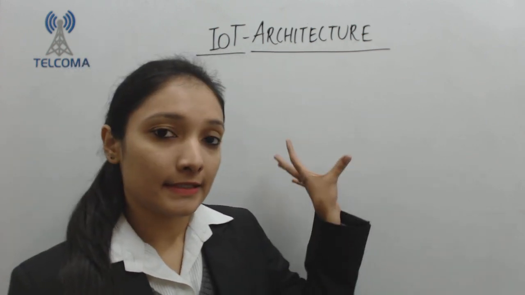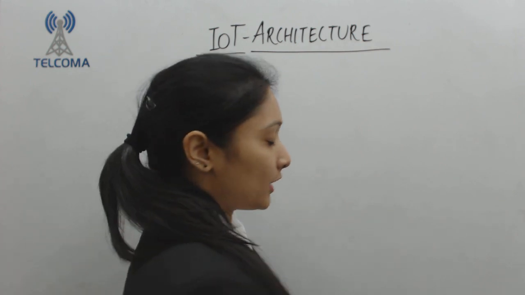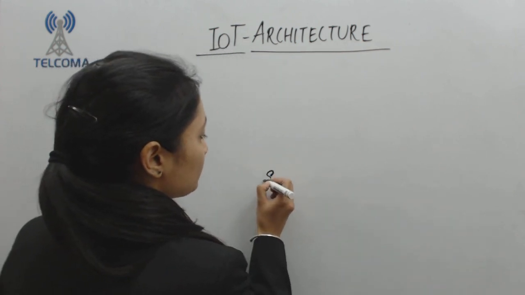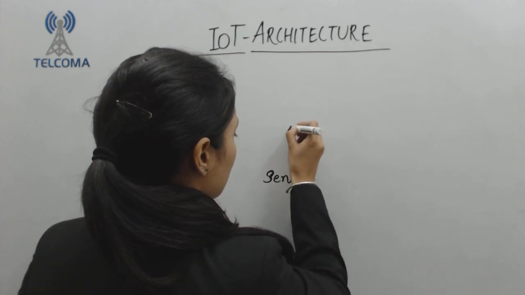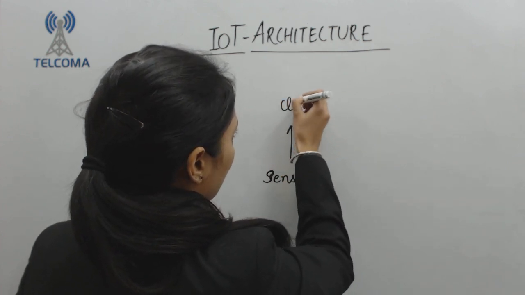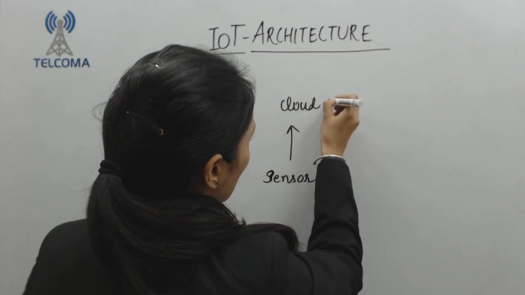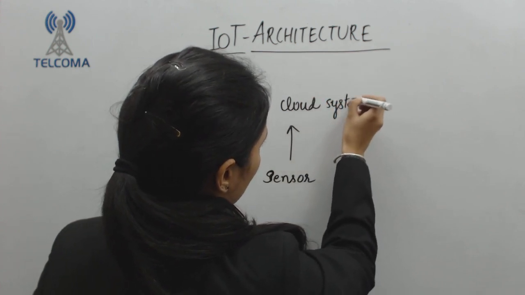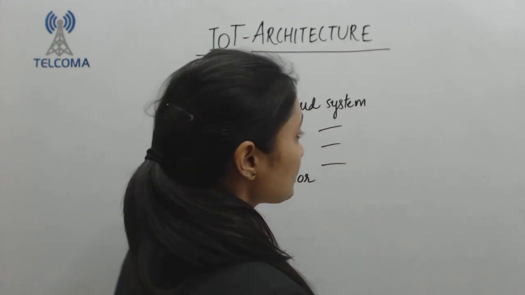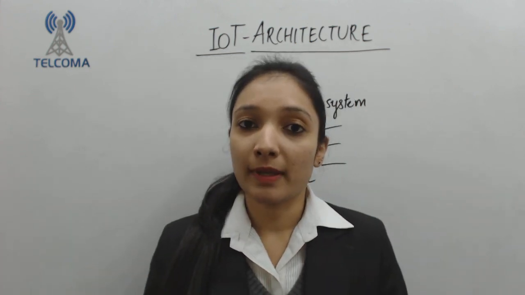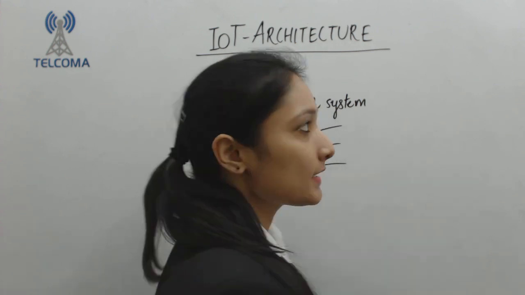There are different layers, as we know that in your IoT, it starts from your sensor level to your cloud platform. So there will be a number of intermediaries in between which will make it a whole IoT system.